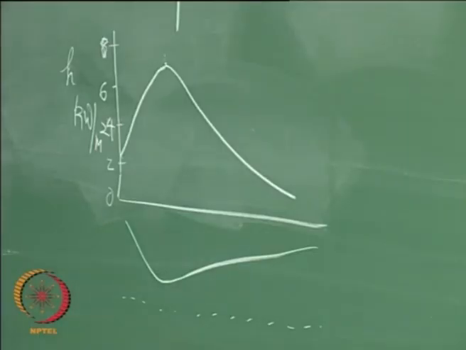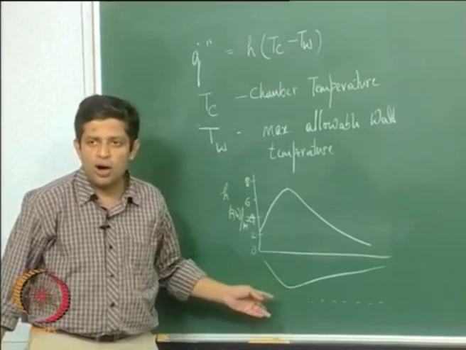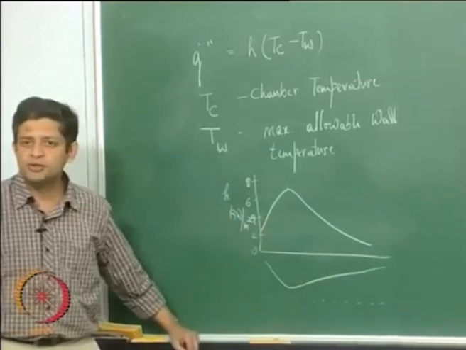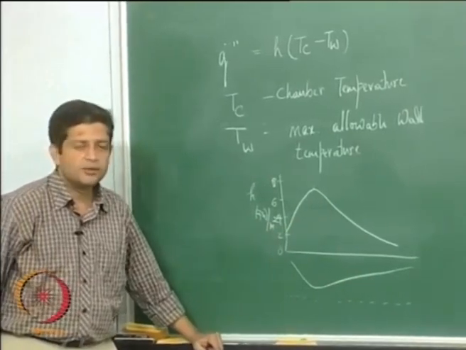It goes like this. You can see that the throat is the highest, and as we go away from the throat, it again drops because the flux is reducing.